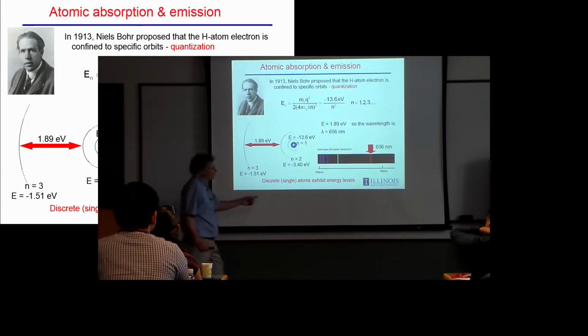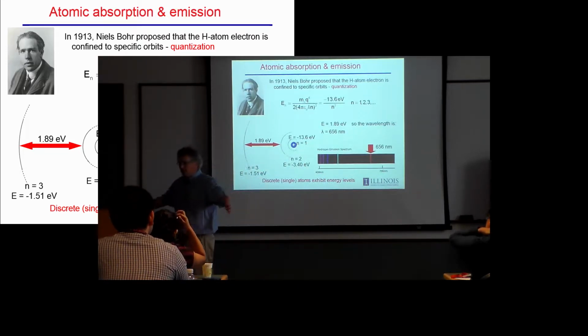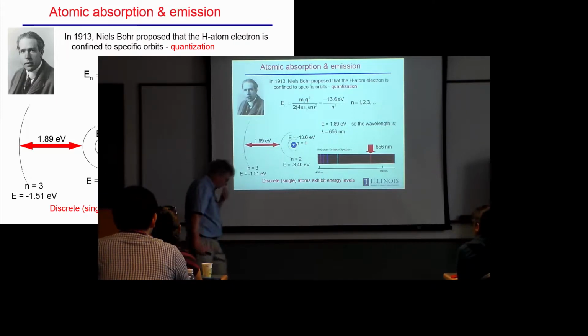The width of this line is determined by your measurement and your quantum mechanical system. But is it fundamentally one energy, that we're not changing by measurement? That's too deep for today's lecture. So there are, yeah.